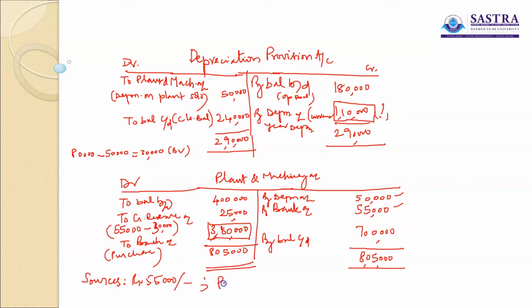Whereas in case of application side, 3,80,000 being purchase, arrived as balancing figure, should be shown on the application side of the fund flow statement. These two are the answers.